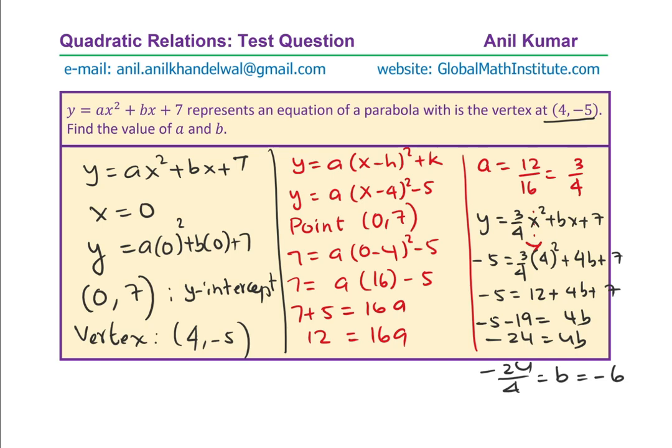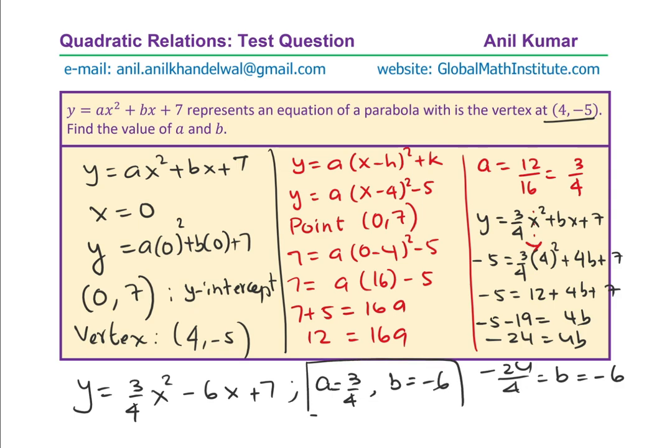So again you get the same result, which is y equals 3 over 4 x squared minus 6x plus 7, right? So basically, we got the value of a as 3 over 4 and the value of b as equal to minus 6, correct? So that is another approach which you could adopt to answer this particular question.